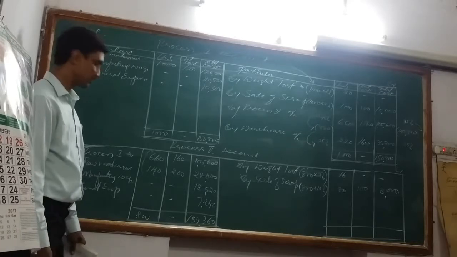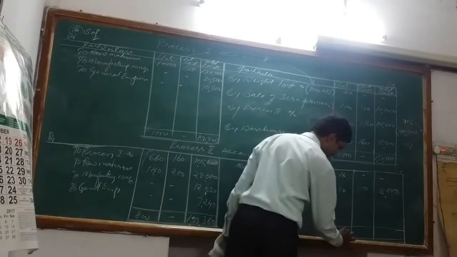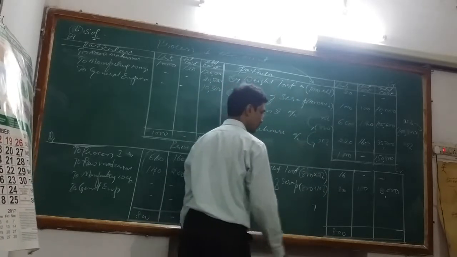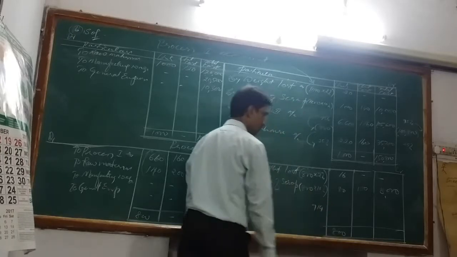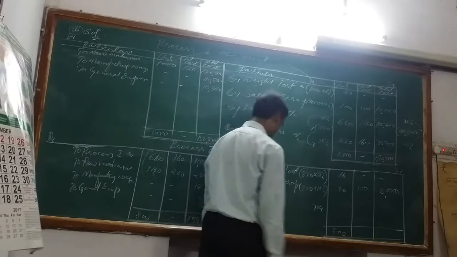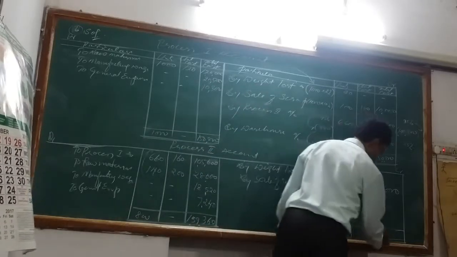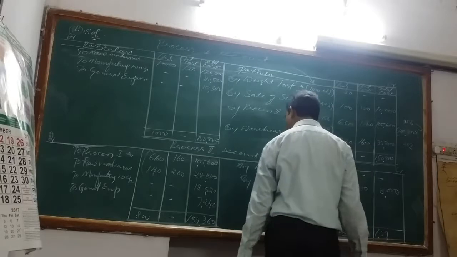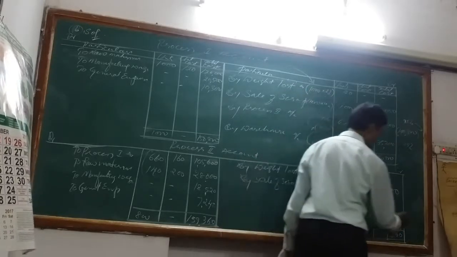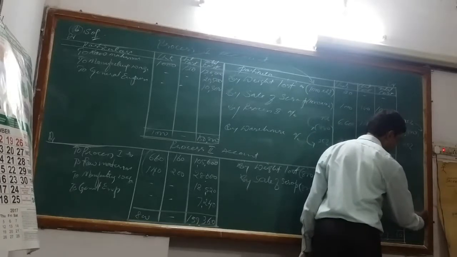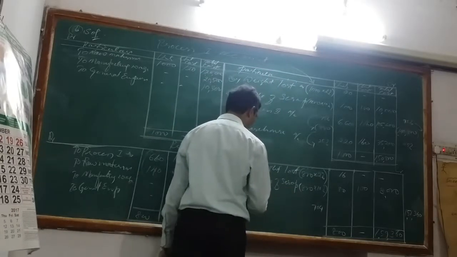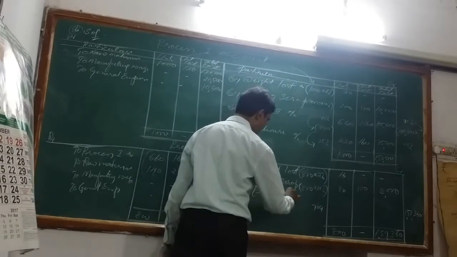Are you sure? Sure, sir. 800 minus this. 1,51,360.